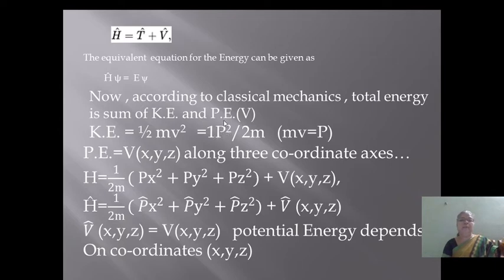p square by 2m, where p means momentum, equal to m into v, where m is the mass and v is the velocity. Here we have expressed the kinetic energy in the form of momentum, and it is equal to p square by 2m.